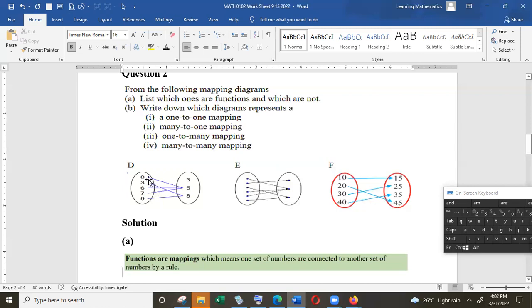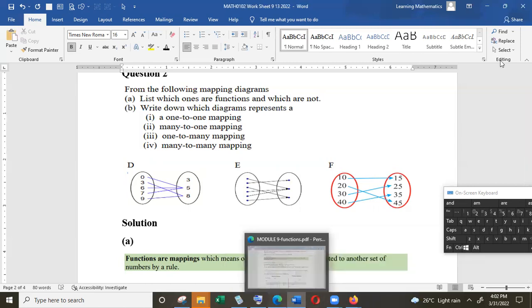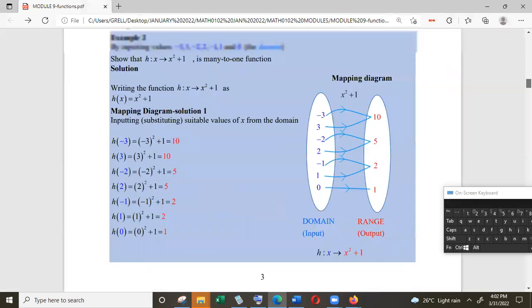Is there one to many? Is one mapping to many? For one to map to many, 2 arrows are supposed to be leaving 1. So one going to many will look like this. This is a one-to-one. That's many to one.